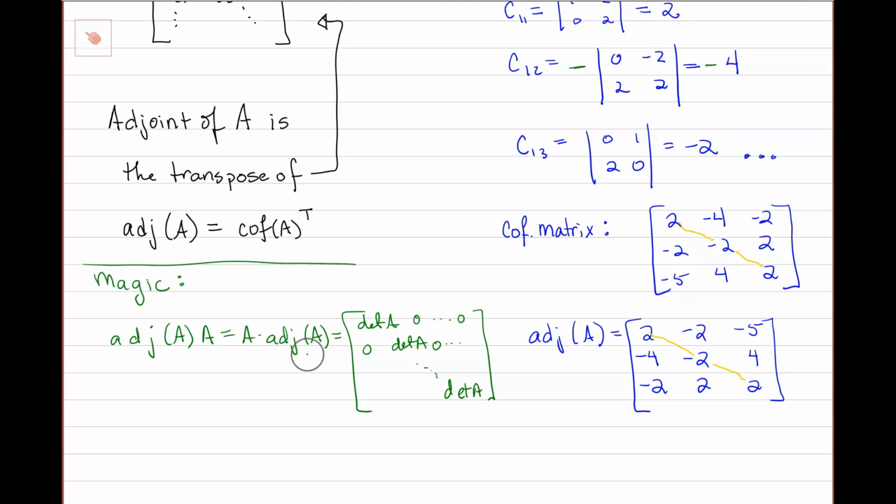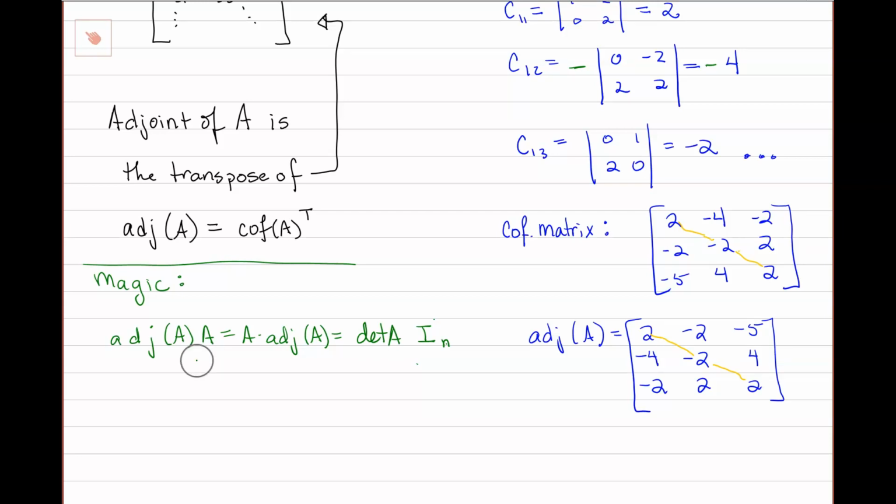So if A times the adjoint of A is equal to this matrix, which I think I'll write a little bit more compactly as this. So this is just the determinant of A times the identity matrix. Right? As a scalar multiple, that'll just give us the matrix that we just were looking at with the determinant A values along the diagonal.